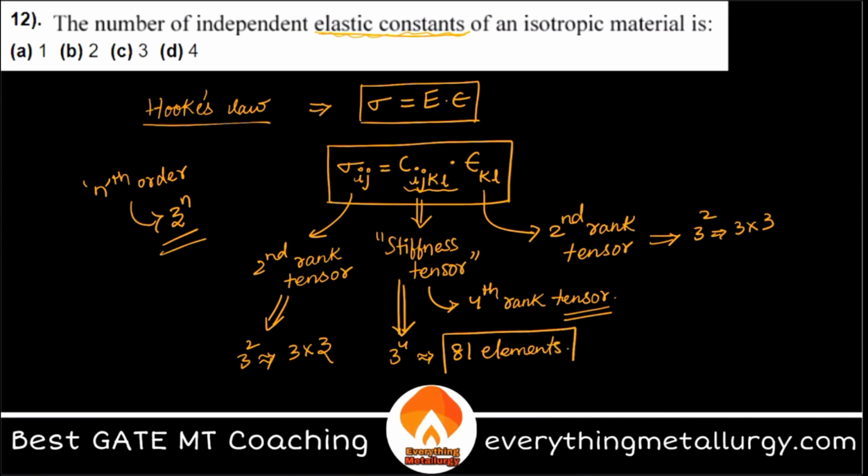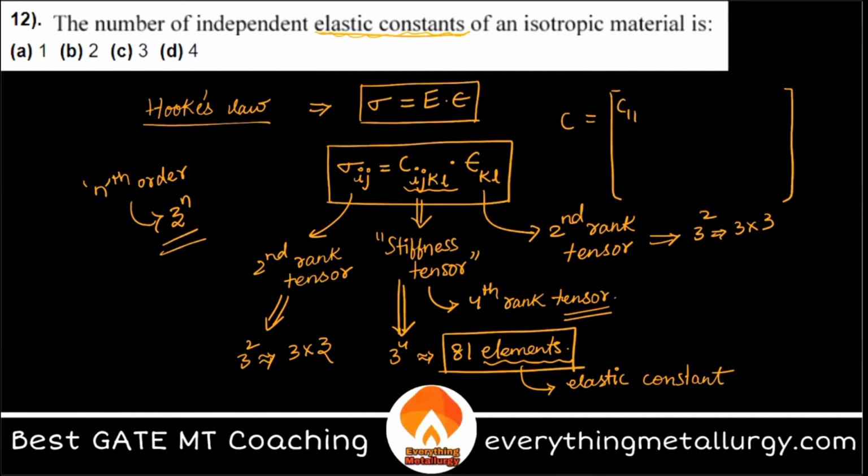Now each of these elements is taken to be an elastic constant. How you write it is, let me take C to be C11, C12, C13, etc. And this is a symmetrical matrix.